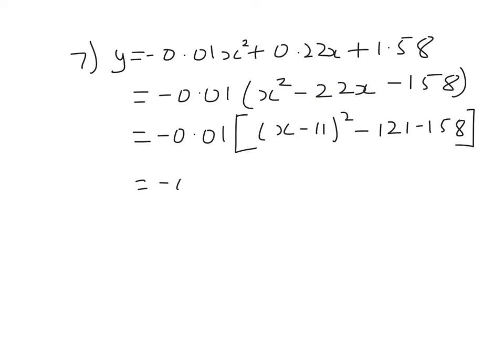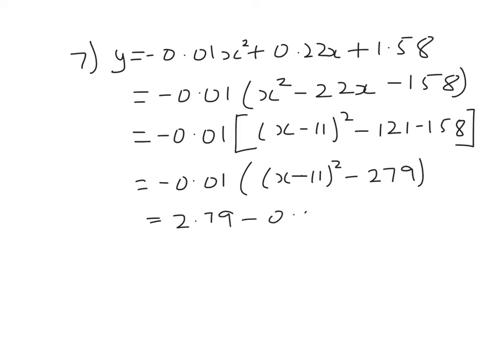So that's minus 0.01, x minus 11 squared minus 279. So let's now multiply out the brackets. Minus 0.01 times minus 279 is 2.79 minus 0.01 x minus 11 squared. So this was part A.